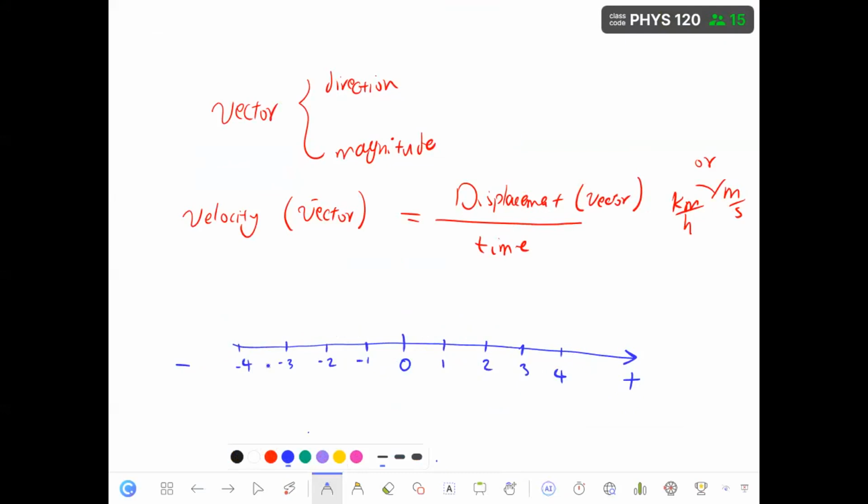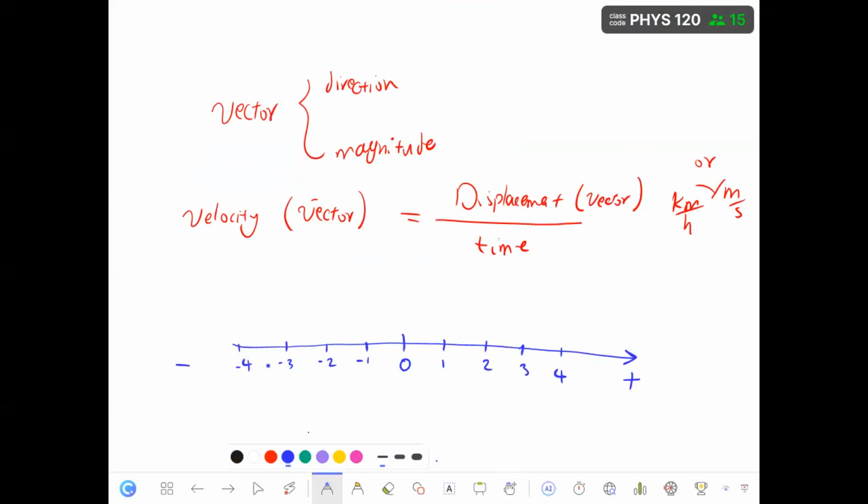Okay, so when we are talking about the direction of a motion, it is important to analyze that motion by considering a coordinate system. Let's say I am here. I assume my right side is positive, my left side is negative.